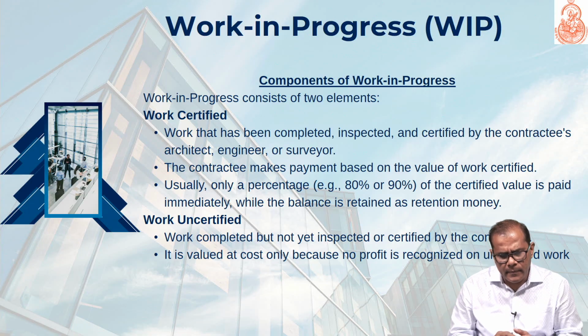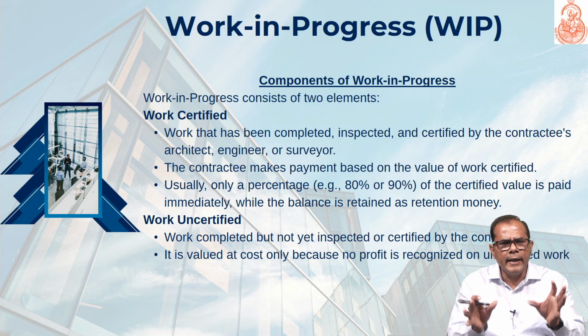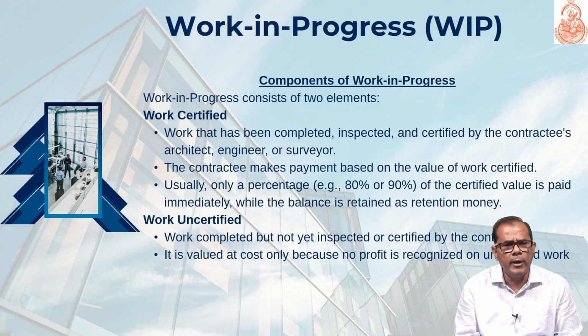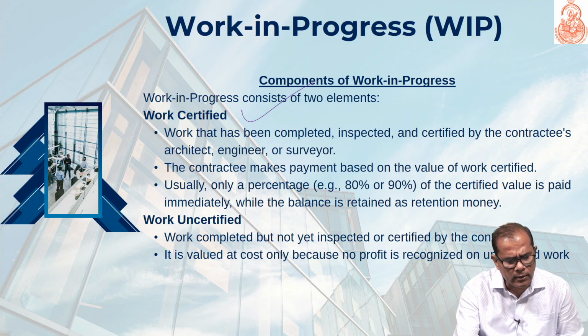So, if a work is not fully complete, technically it is work in progress, but we ascertain profit and show it in the financial statement of the contractor, because the contractor is generating profit every year by executing works up till the accounting year end. That is why work in progress and its calculation represent the technical aspects of the contract costing method. Here the components of WIP are two: work certified and work uncertified.